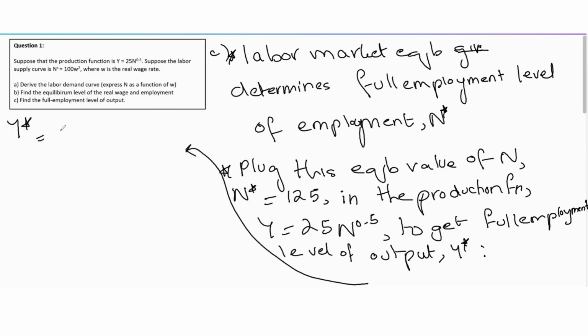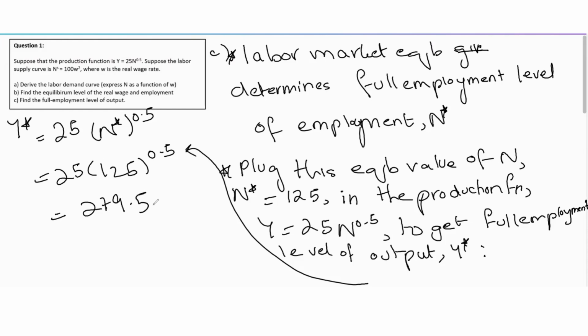Y star is just going to be 25 times N star to the 0.5, and we know N star is 125, so this is going to be 279.5.